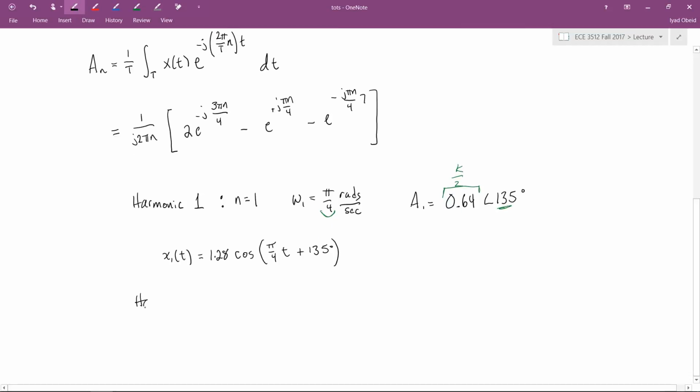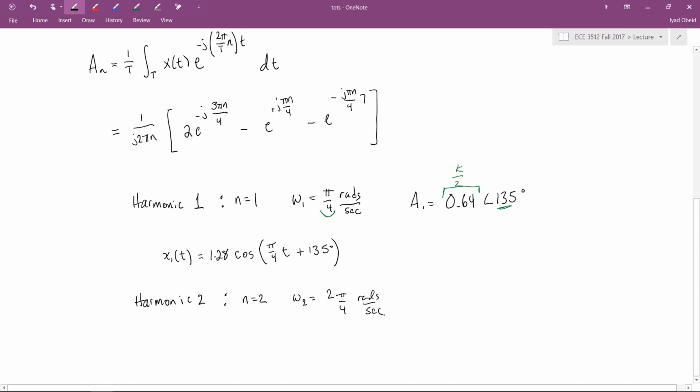If we want to know what the second harmonic is, we do the following. We let n equal 2, and we say that omega sub 2, the second harmonic frequency, will be 2 times pi over 4 rads per second.